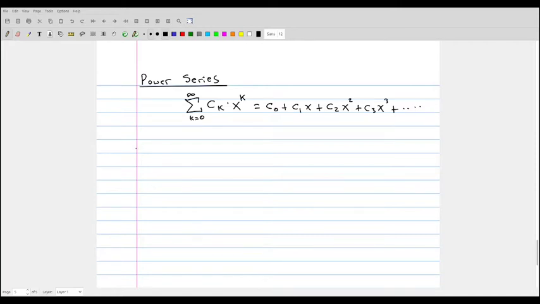The simplest example that I can give you of a power series that we've talked about already is the geometric series. A geometric series is a power series with a constant value for all of the coefficients. All of the coefficients are equal to just some constant value c.